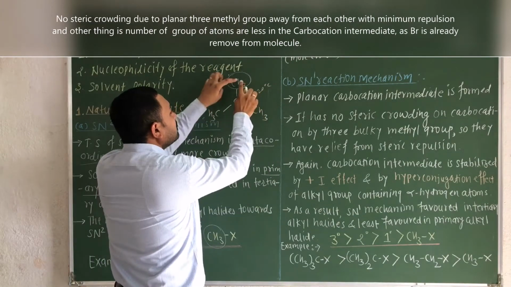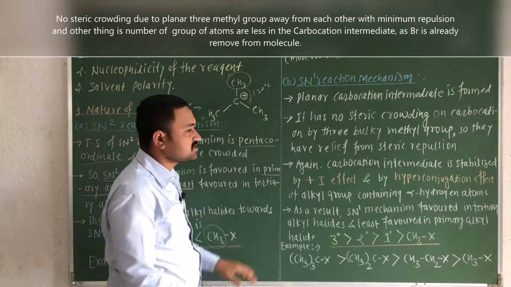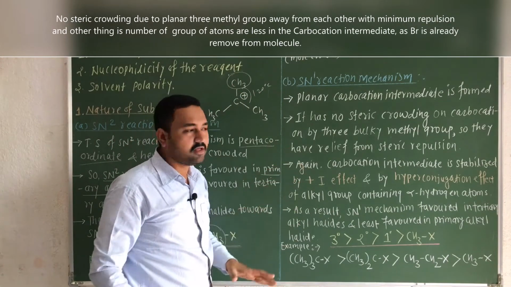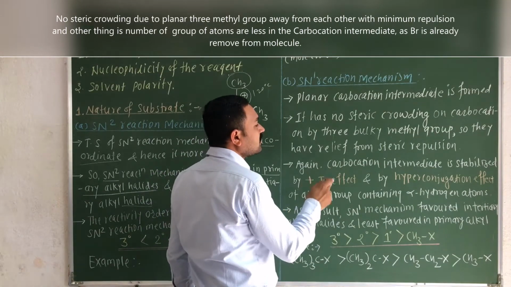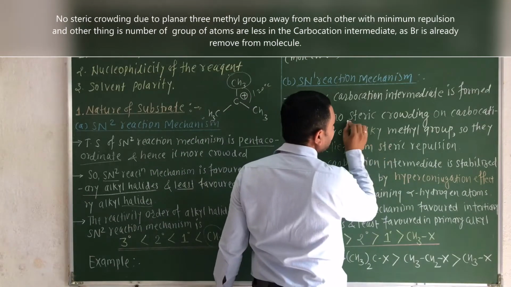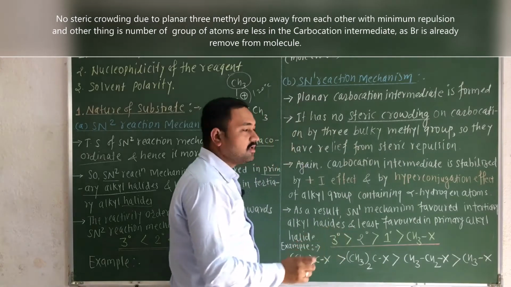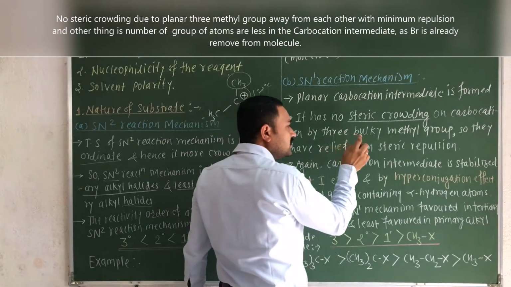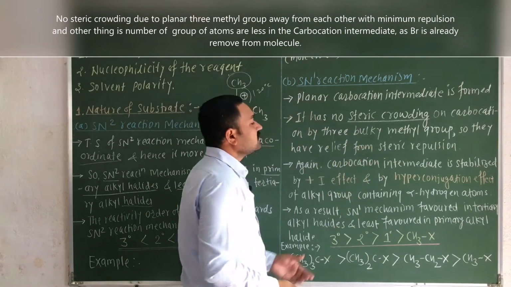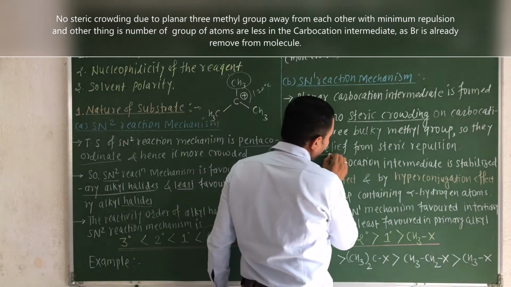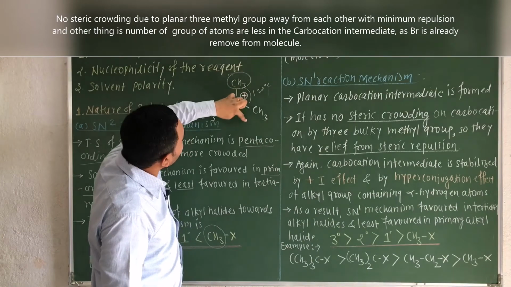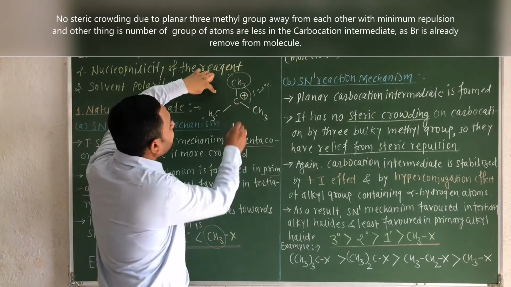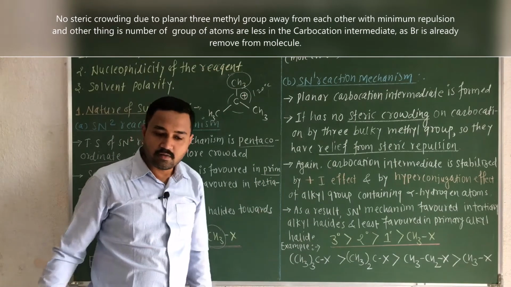That means they have minimum steric repulsion, so they will not have any steric crowding. Though there are 3 bulky methyl groups, they get relief from steric repulsion as they arrange with a bond angle of 120 degrees within one plane.